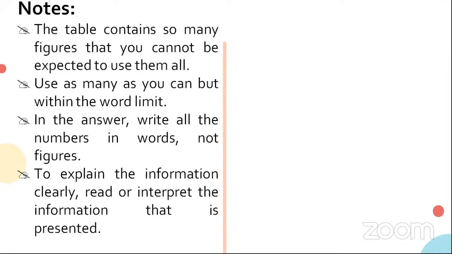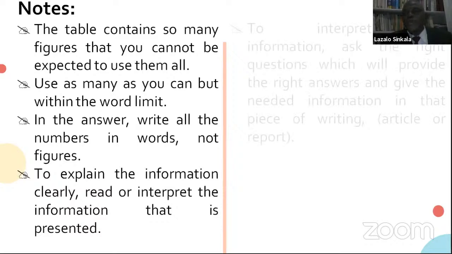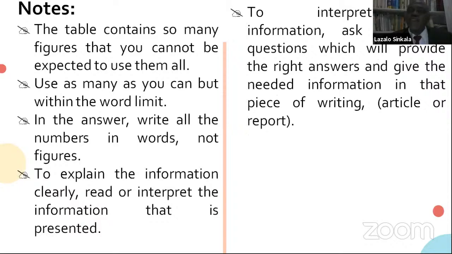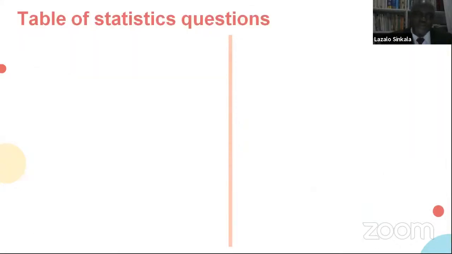To explain the information clearly, read or interpret the information that is presented. To interpret the information, ask the right questions, remember, which will provide the right answers, and give the needed information in that piece of writing, whether it's an article or a report. So answer the WH questions and come up with questions that would provide the best information.